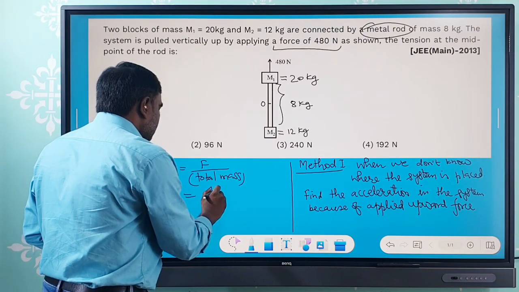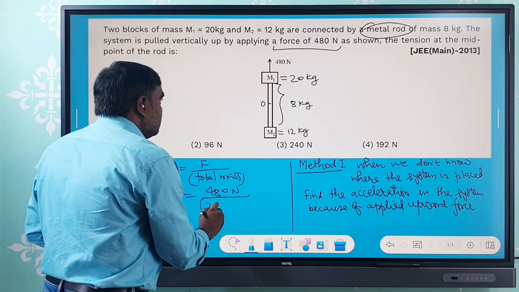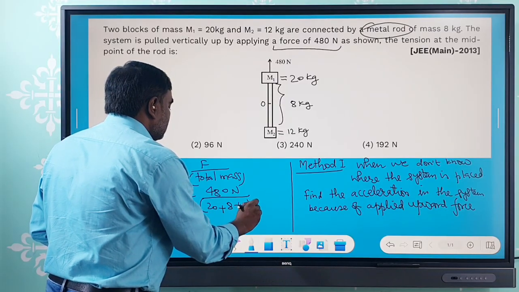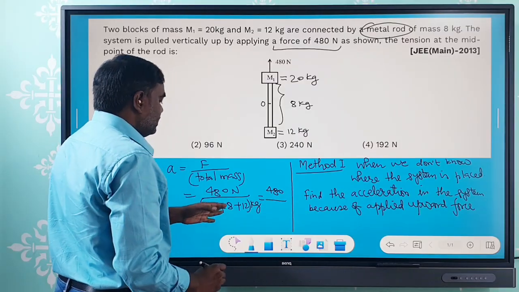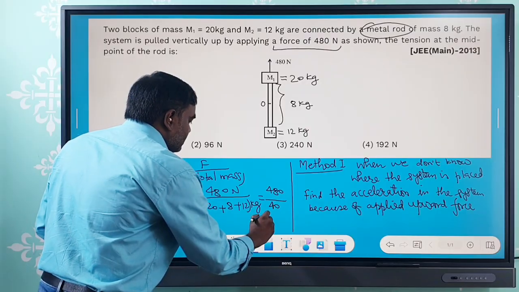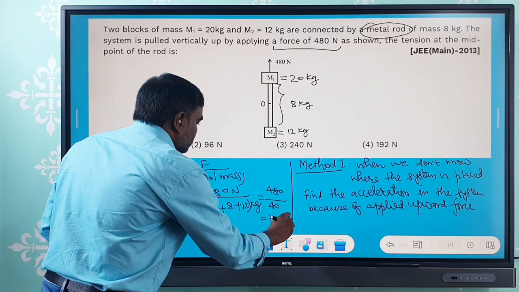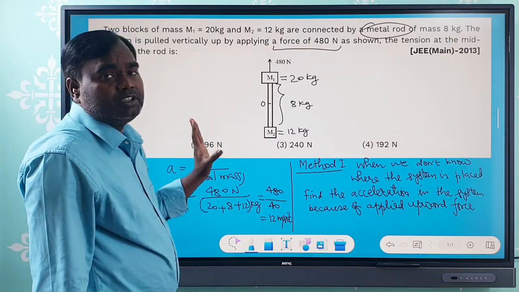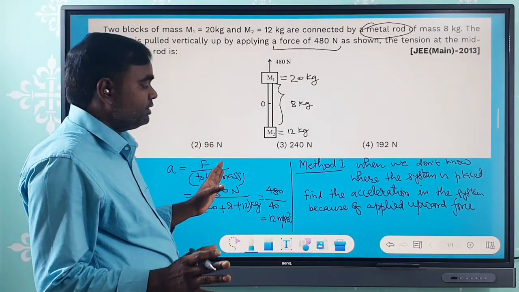F is equal to 480 Newton upon total mass 20 kg plus 8 kg plus 12 kg. This gives 480 upon 40 meter per second square, that is 12 meter per second square. This is the acceleration due to this force only, because we don't know where the system is.